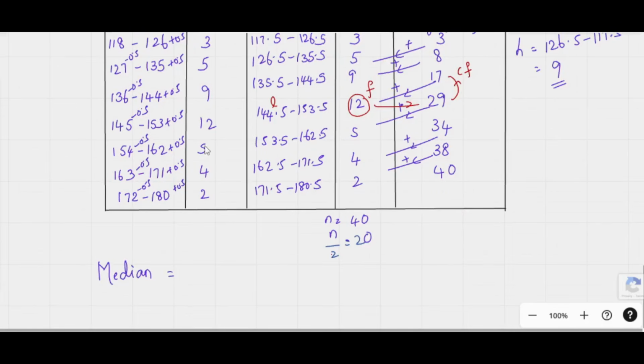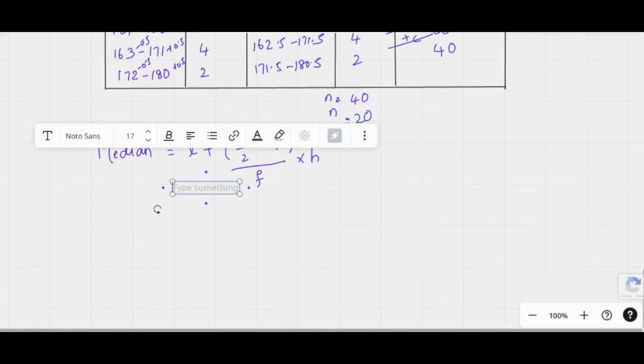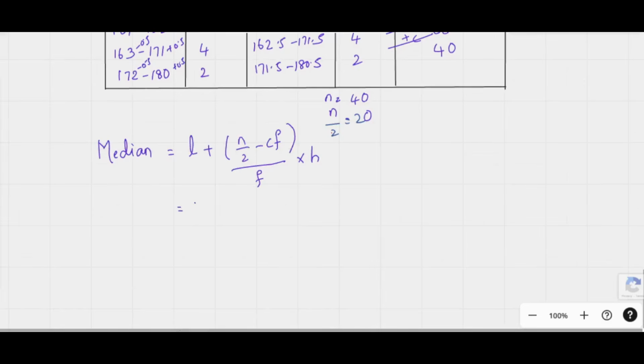The median formula is, write the formula very carefully. If you change even one sign, the entire problem goes wrong. Now let us substitute our values. The lower limit is 144.5 plus (20 minus 17) by the frequency 12, into 9.